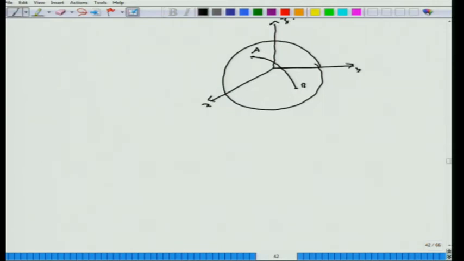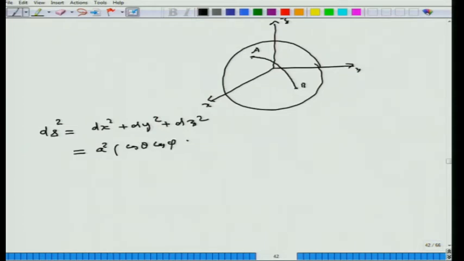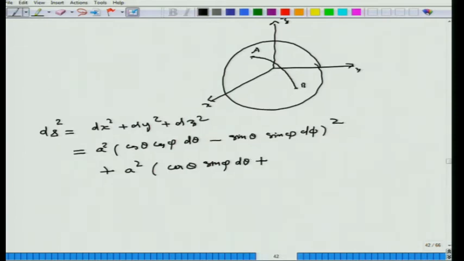So, here we see that ds square is dx square plus dy square plus dz square, and this is equal to a square (cos theta cos phi d theta minus sin theta sin phi d phi) square plus a square (cos theta sin phi d theta plus sin theta cos phi d phi) square plus a square sin square theta d theta square.